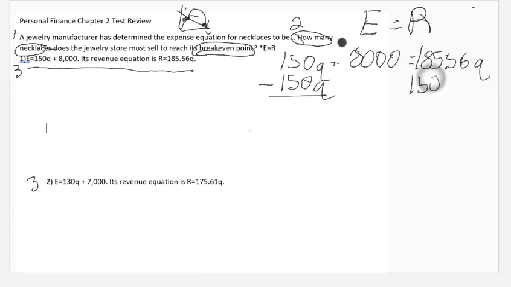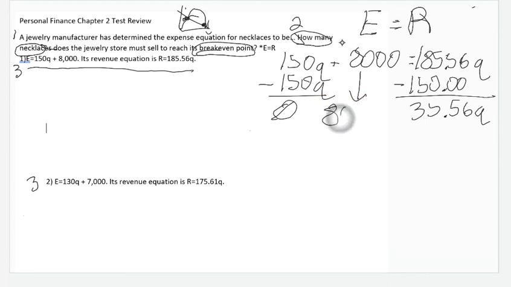Remember, we are subtracting money. So it's going to be $185.56 minus $150, so we get $35.56. And 150Q minus 150Q is 0. We bring down the 8,000.